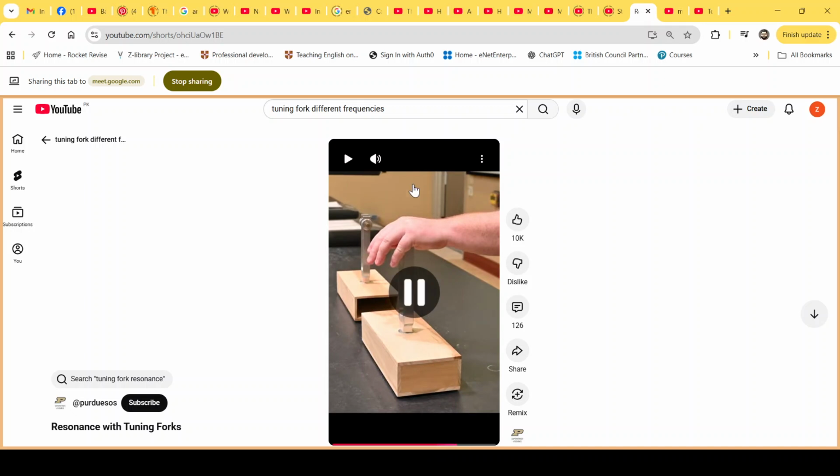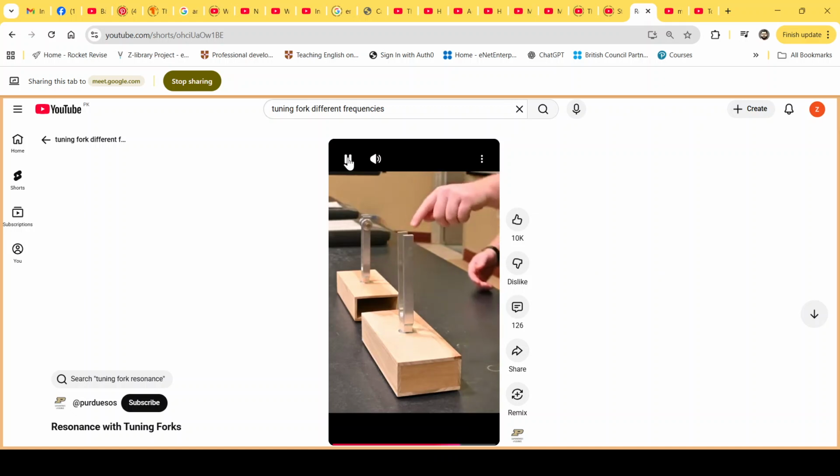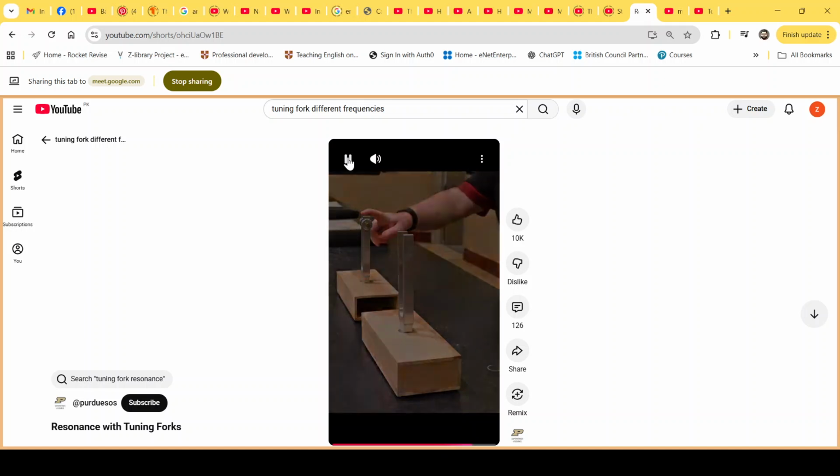Right, so he put his hand on the one that he hit, and that stopped the vibrations of that tuning fork. But when he hit it, the sound waves that were generated at that frequency traveled to the box next to it, and it started vibrating. And so that's why you could still hear the tuning fork humming. A lot of times people think it's the original tuning fork still making noise, but it's the other one. So that's just an example of a tuning fork. There's probably a better video out there.